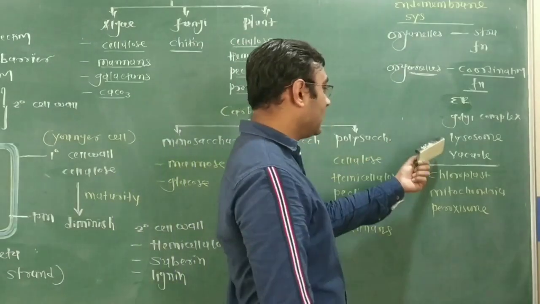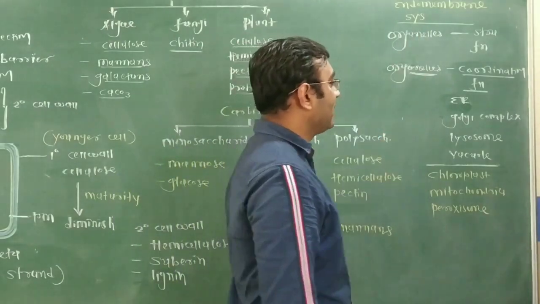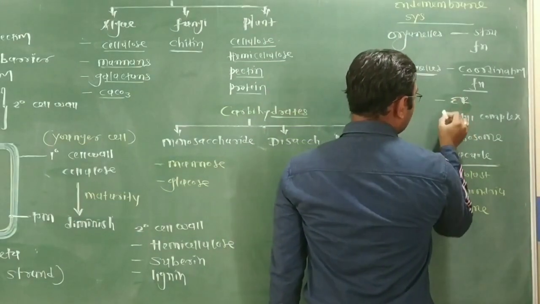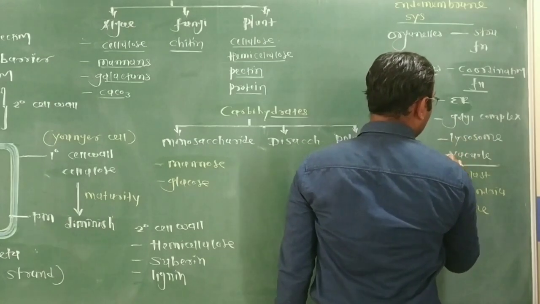Examples of organelles included within this endomembranous system are the endoplasmic reticulum, Golgi complex, lysosome and vacuole.